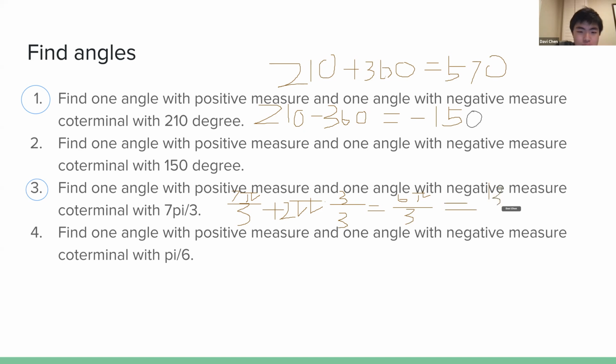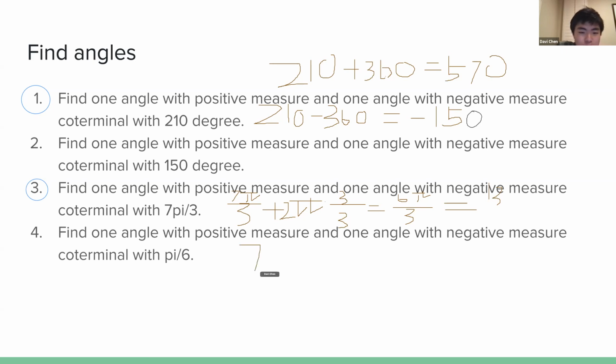And for the negative one, you subtract 6 pi over 3 from 7 pi over 3, and you'll get 1 pi over 3, and you need to subtract it again because you need a negative coterminal angle.